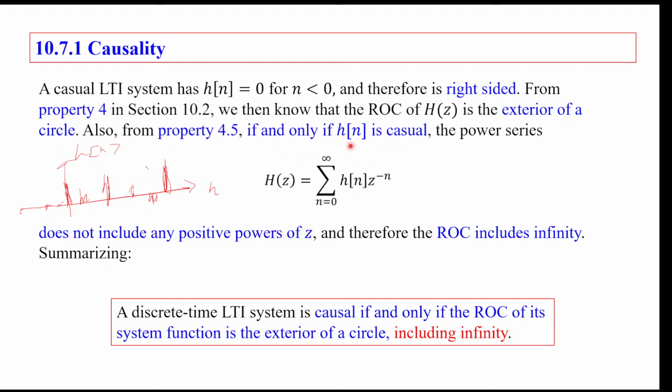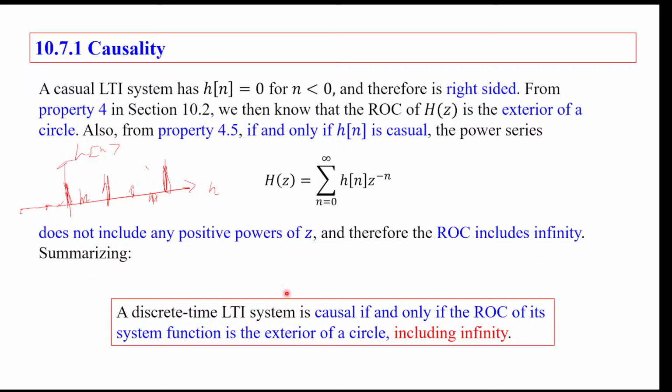Now we are just abusing notation: saying h of n is causal means that it is 0 for n less than 0. But we have this property 4.5. It says that if your signal is causal, then your ROC will also include infinity.